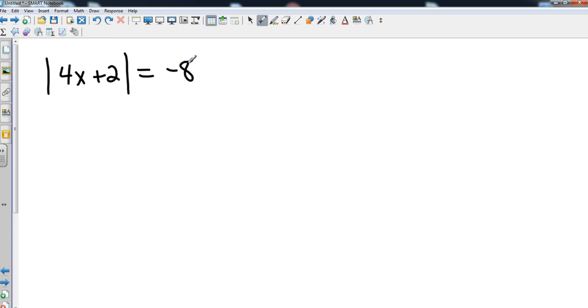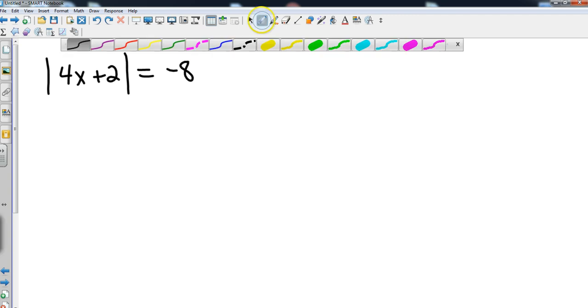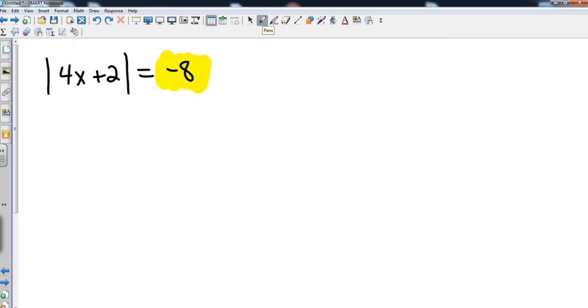And because distance can't be negative, if our answer is -8, that is an impossible absolute value. I cannot take the absolute value of anything and get it to be -8. So this would be no solution. Our first one had 2 answers. This one has no solution.